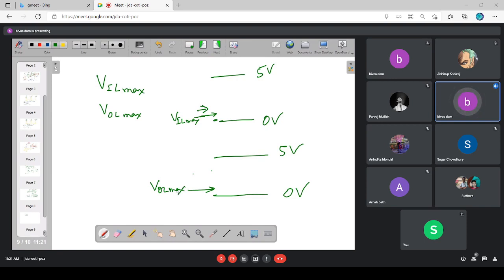The device ensures that while it is outputting a logic 0 or logic low signal, the signal strength will be somewhere there. It will not go beyond this VOL max. The output signal strength will never be greater than VOL max when it is outputting a logic low signal. Clear?